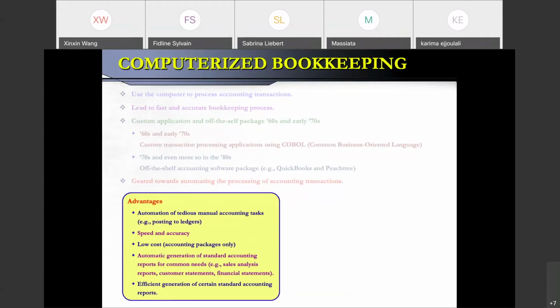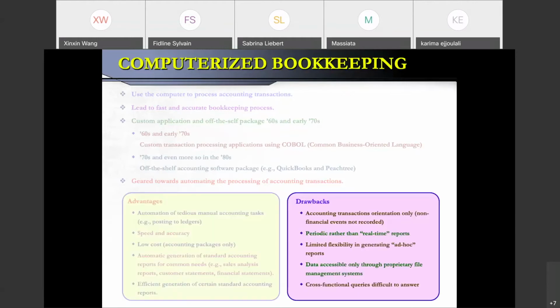It's automation, it's helping people get away from the tedious job, it's much faster, it's low cost, it can generate reports periodically, it efficiently generates certain standard accounting reports.